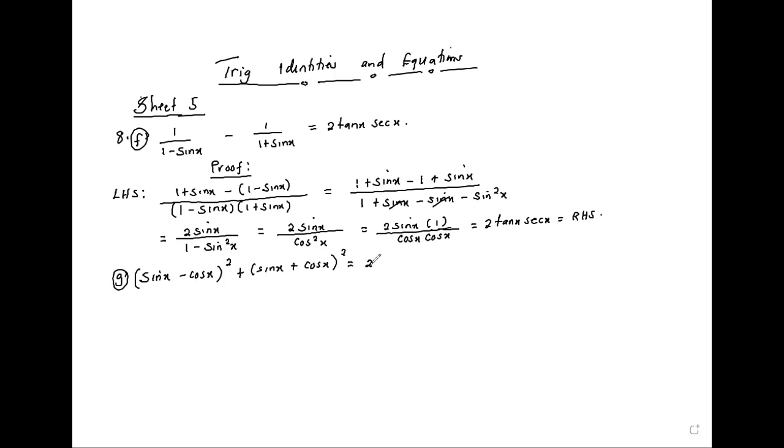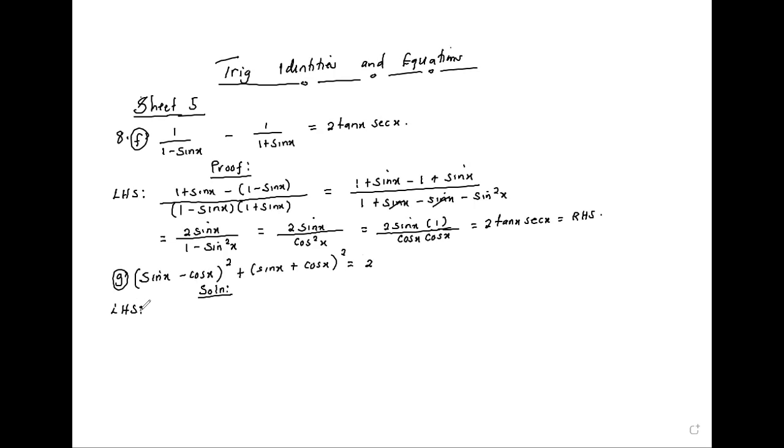Now, if you look at this, we again pick the left-hand side, because how do we start splitting 2 to give us this sine, cos, and the like? So we can simplify the sine, cos, and see if we'll get 2.